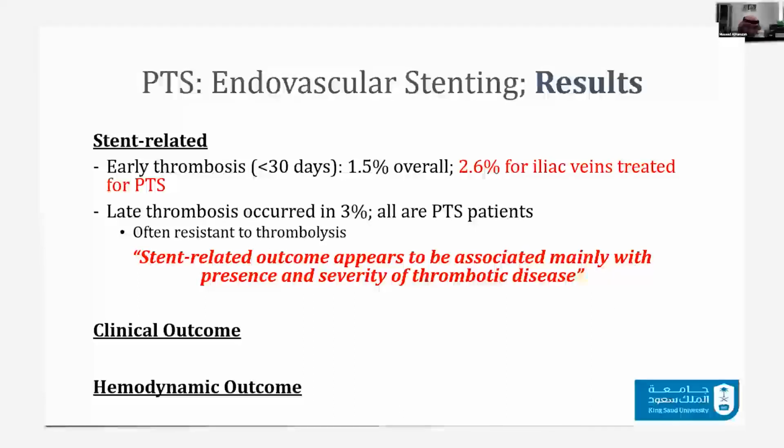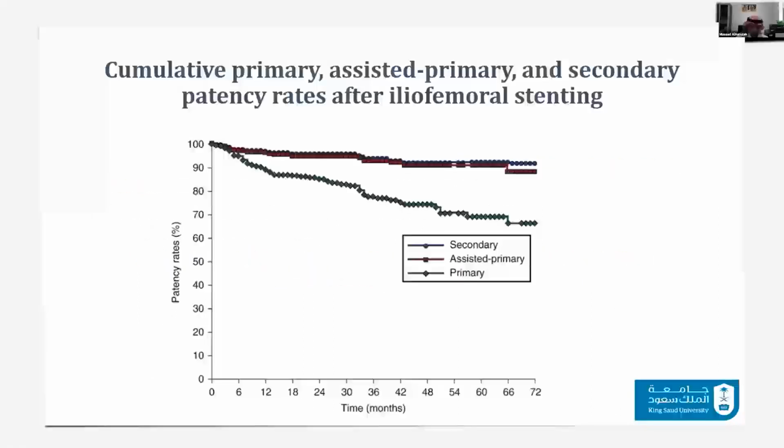It was thought that the stent-related outcome appears to be really associated with the presence and severity of thrombotic disease, and not necessarily the extrinsic factors. That probably is concluded because of the findings of late thrombosis that only happen with PTS and not non-thrombotic causes.